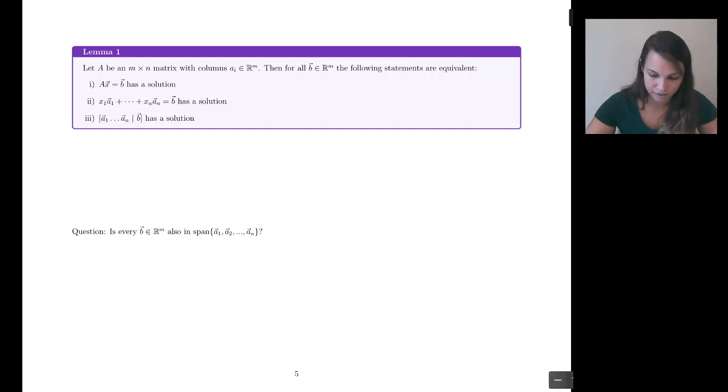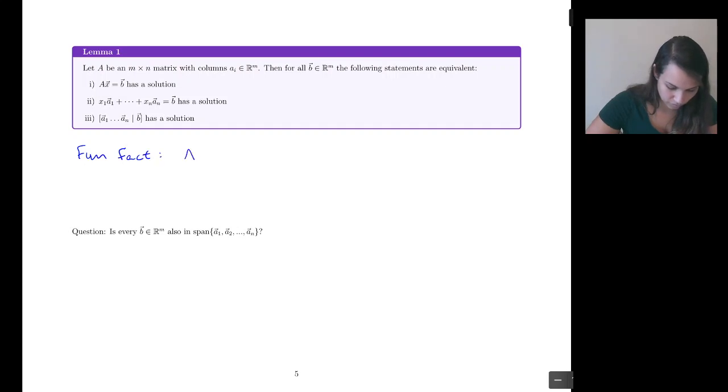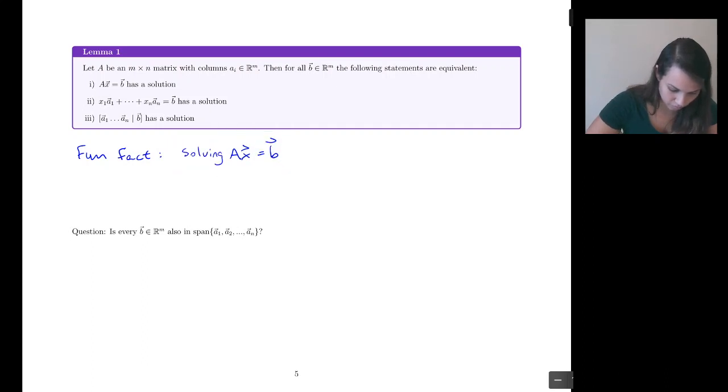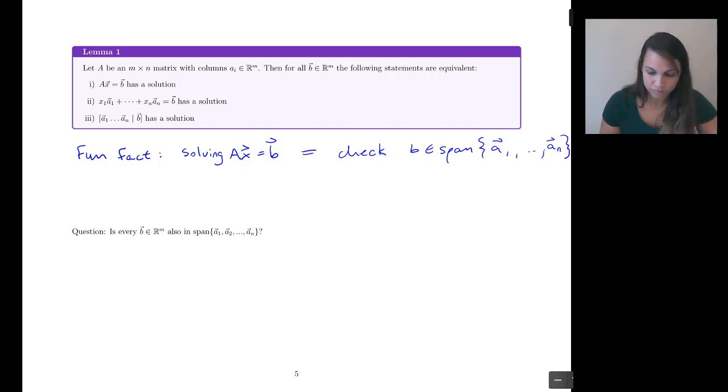So fun fact, just to summarize, Ax equals b, we're solving this, is the same thing as checking if b is an element of the span of the columns of A. Why?